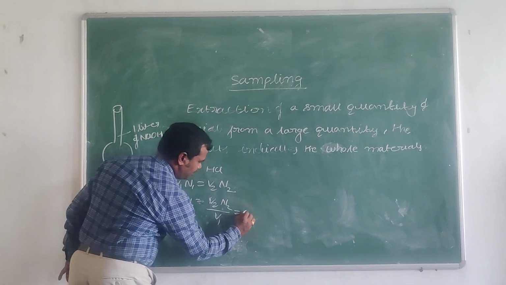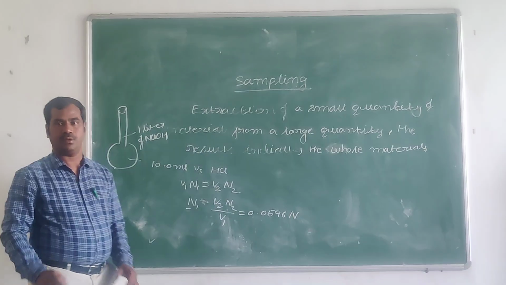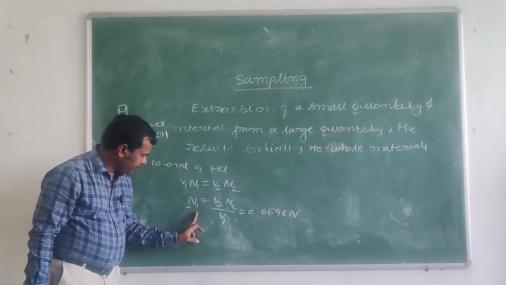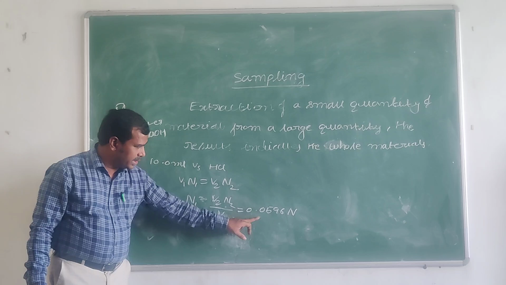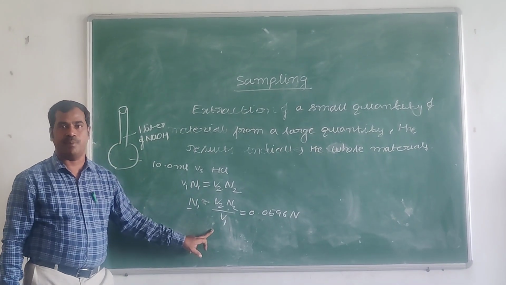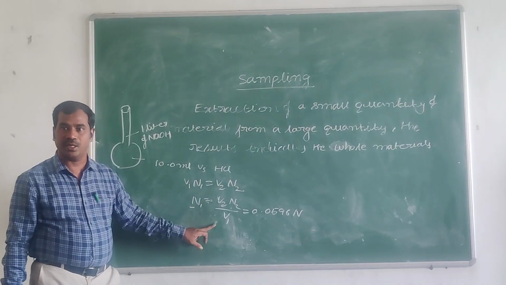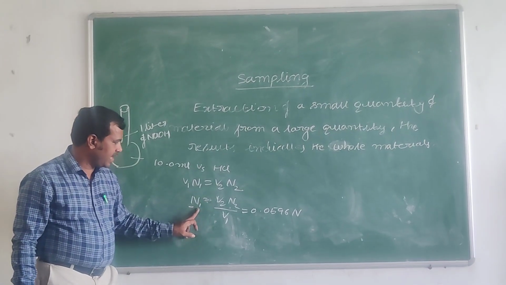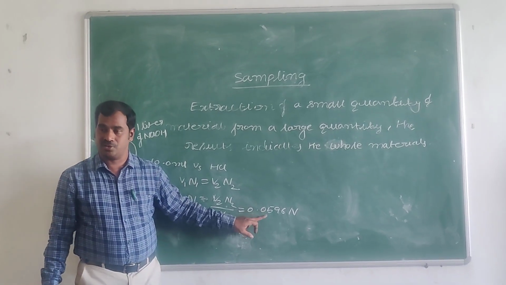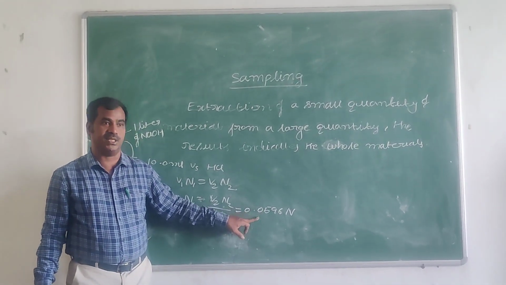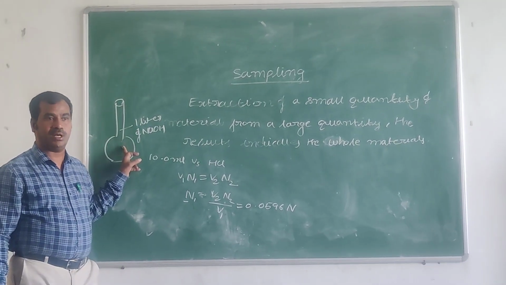So N1, for example, is 0.0596 normal. Clear? This N1 value is 0.0596. Then, for this volume of sample, how much volume did you take? 10 ml. This N1 value is the representation of this 10 ml. But this concentration represents the whole solution in our laboratory.